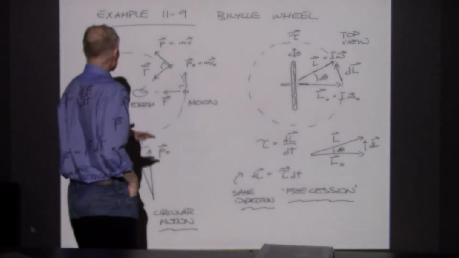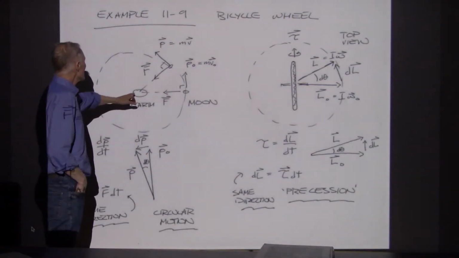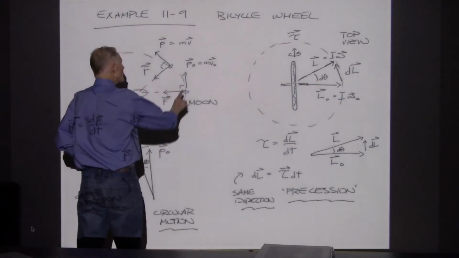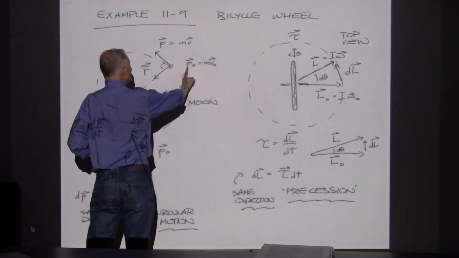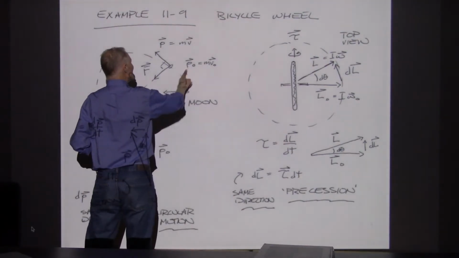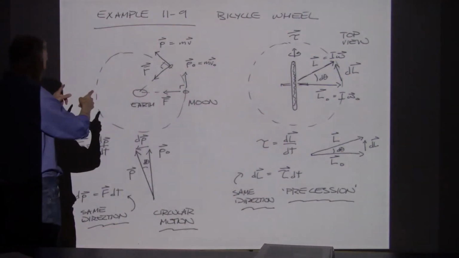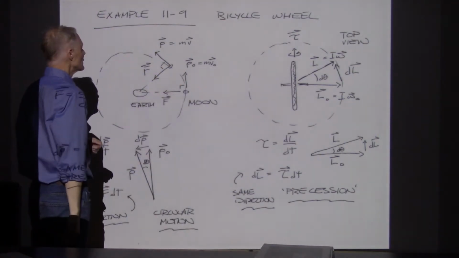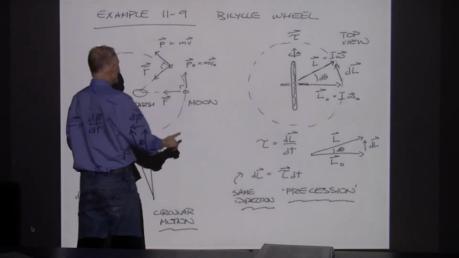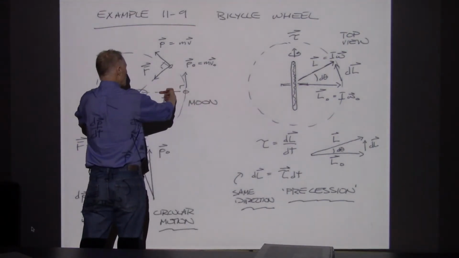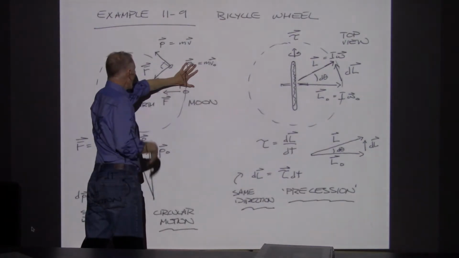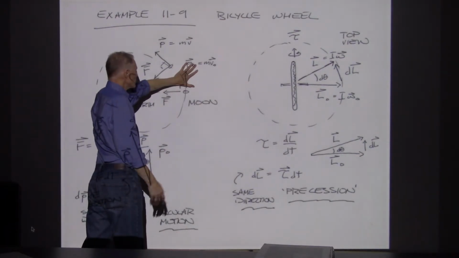So here's one way of thinking about this. Here's the moon, here's the Earth, here's the moon. The moon starts out with some linear momentum. So let's do a linear momentum example side by side with an angular momentum example. Now in this example, there's a force pulling the moon towards Earth. Now what would happen if the moon had no momentum to start with?